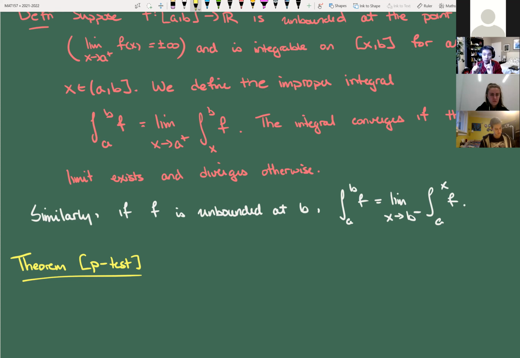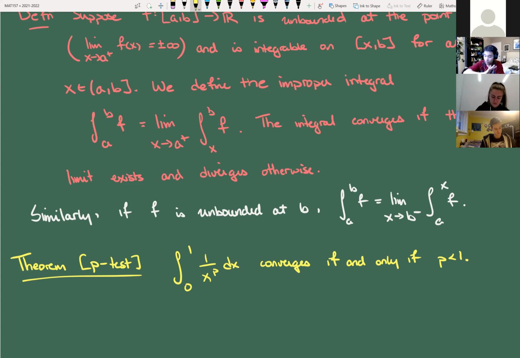Instead of p greater than 1 being the convergence, it's now going to be p less than 1. So the integral from 0 to 1 of 1 over x to the p converges if and only if p is less than 1.